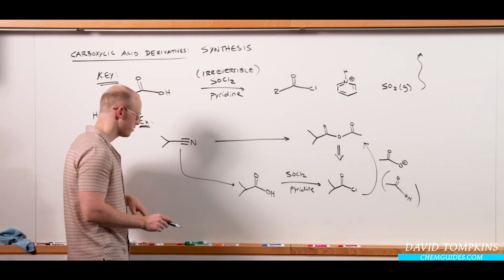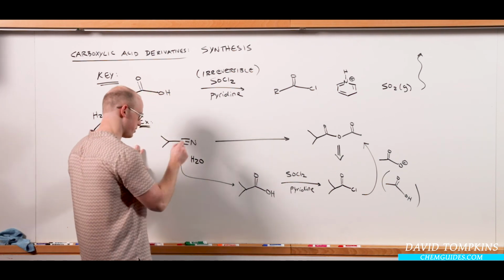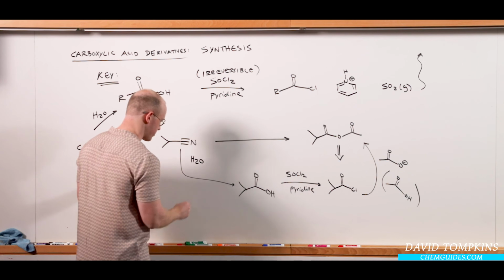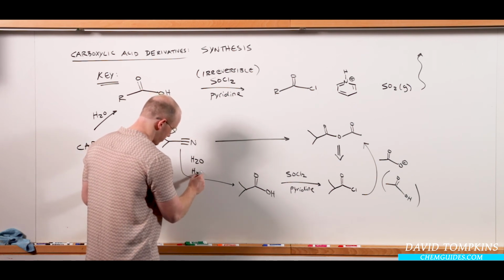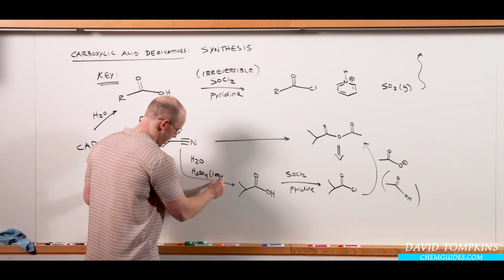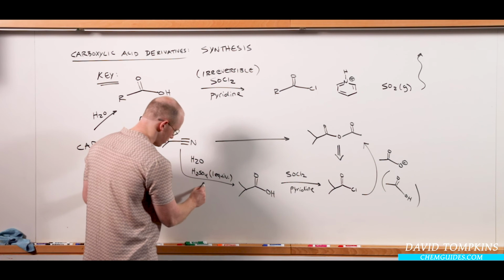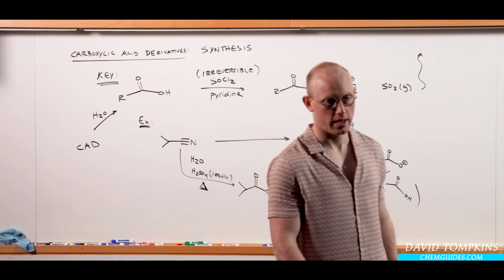The final procedure is simply to hydrolyze. We know that nitriles can be turned into carboxylic acids with excess water, strong acid, 1 full equivalent. It's acid mediated and irreversible, and lots of heat. And that's the 10-step mechanism that we saw in one of the last videos.